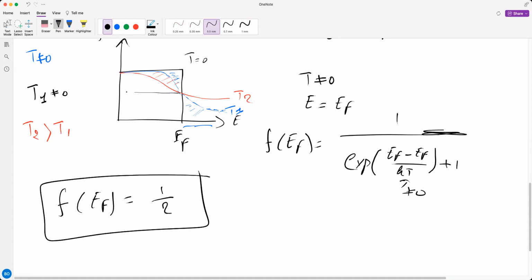And this is the value of 1/2. So whatever the temperature is, if you increase the temperature further, the curve will always go through the Fermi level at 1/2. So the probability of occupation of the Fermi level is 1/2. Okay, it's a very interesting characteristic. Any question?